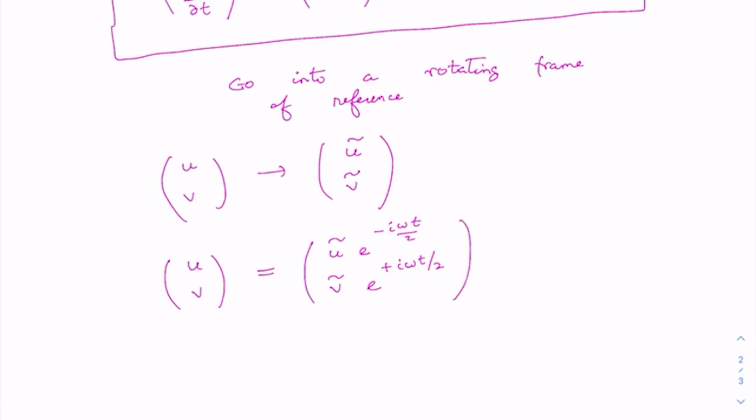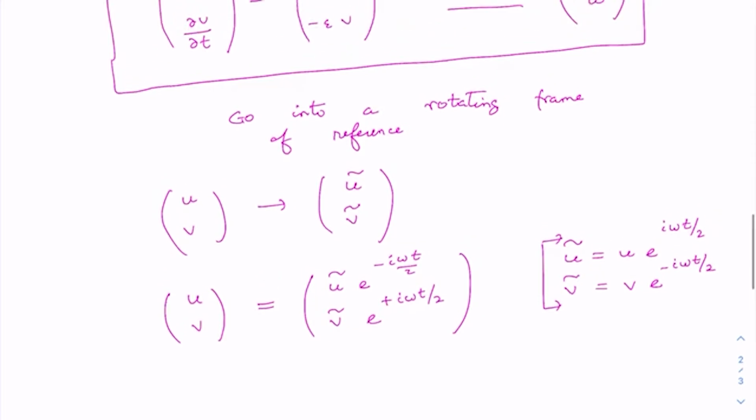I am just changing the variables like this. Or I can say u tilde is equal to u e to the power plus i omega t by 2, and v tilde is equal to v e to the power minus i omega t by 2. Okay, this is the connection between the new variables and the old variables.